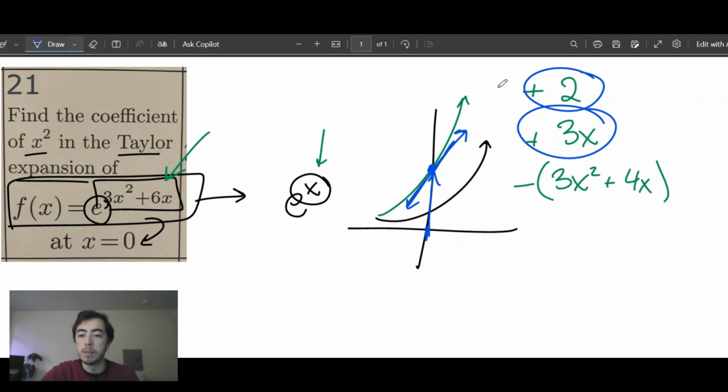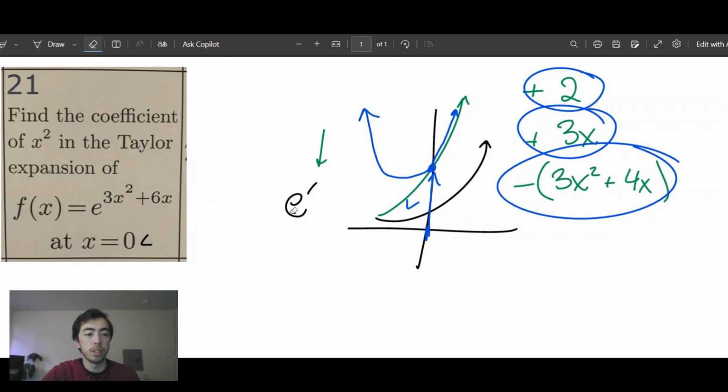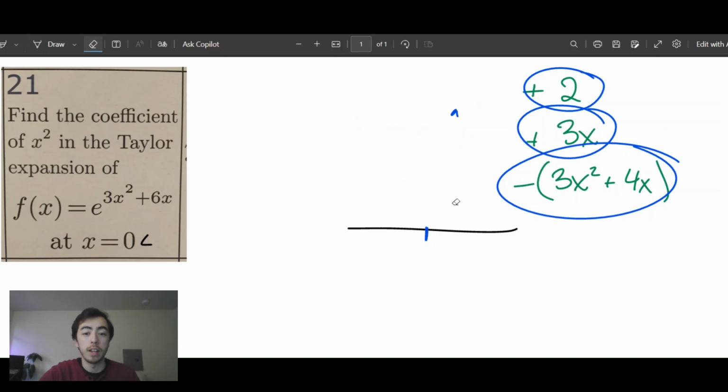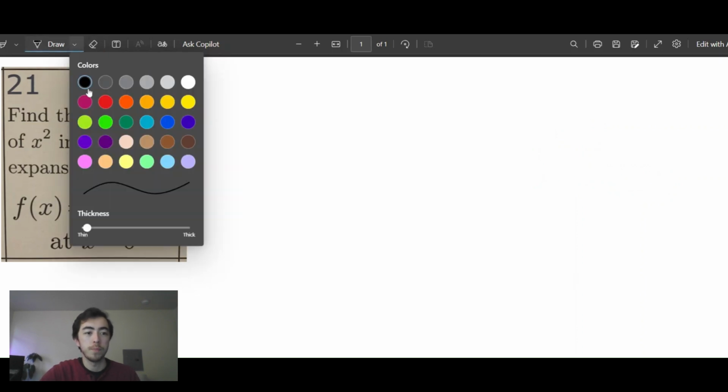Then once I find some kind of parabola or quadratic to add on or maybe subtract from my sum, I want to get something that might look like this, and it'll be an even closer approximation of my function. And we're just going to keep doing this over and over until we get some kind of x squared term, I guess. Oh, and that's actually going to be the quadratic. So we need to do 3 terms in this Taylor expansion.